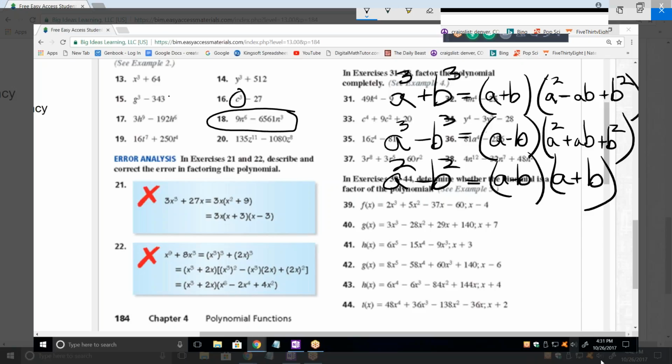Right. This is a little different. Number 18. Is that the difference of perfect squares, or the difference of perfect cubes, or the sum of perfect cubes? Now, if it were cubes, 9 would have to be a perfect cube number. 9 isn't. So therefore, it figures to be difference of perfect squares.